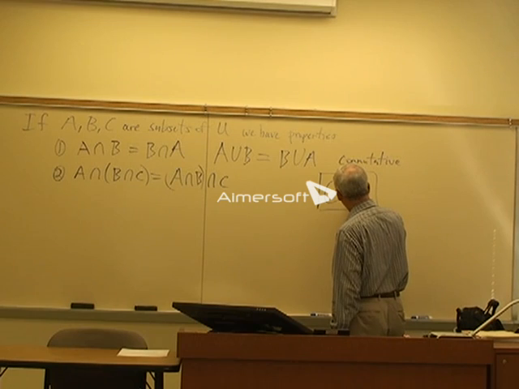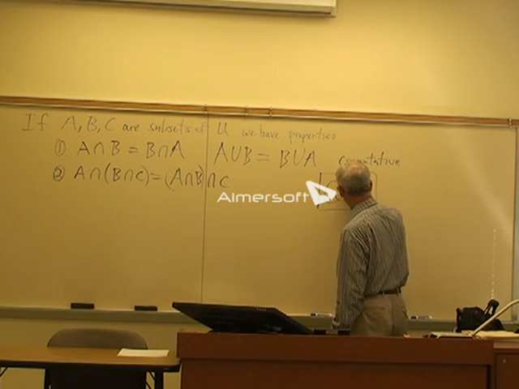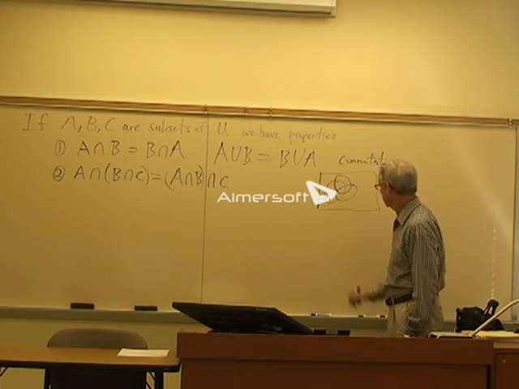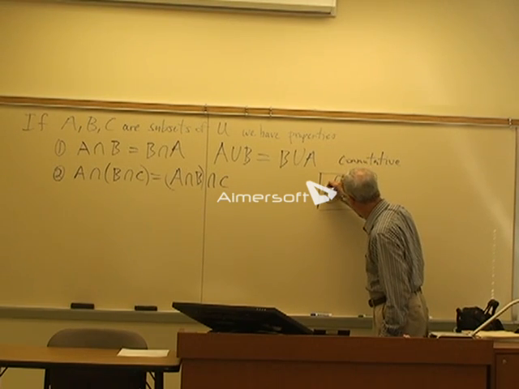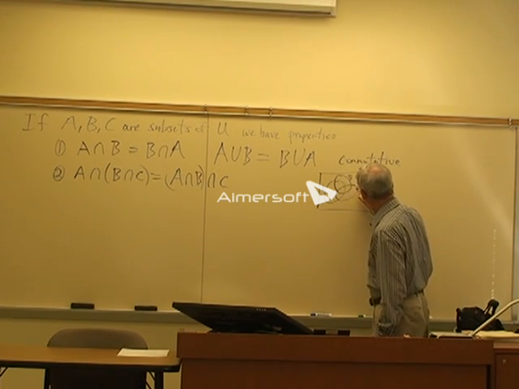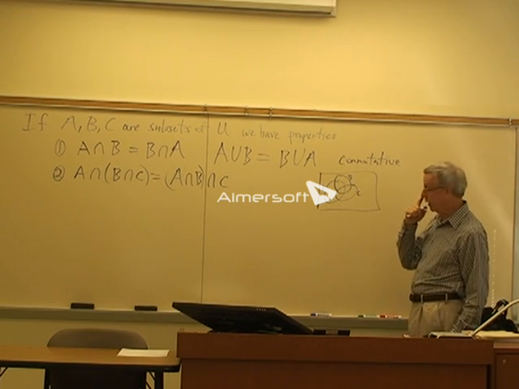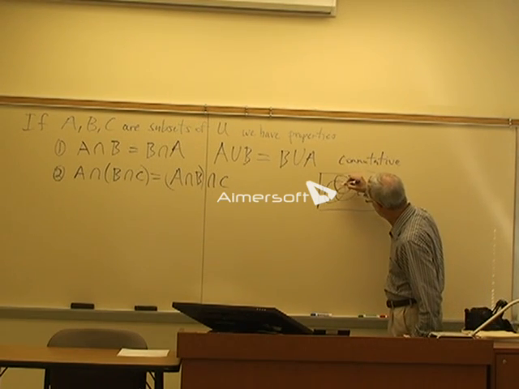If I call this set A, this set B, and this set C, where is A intersect B?